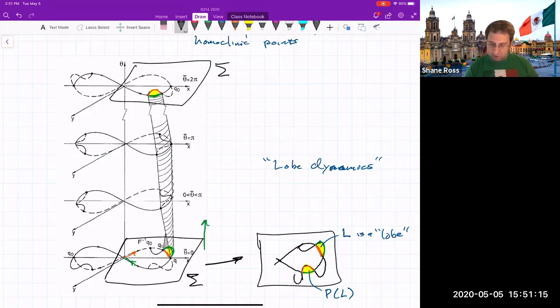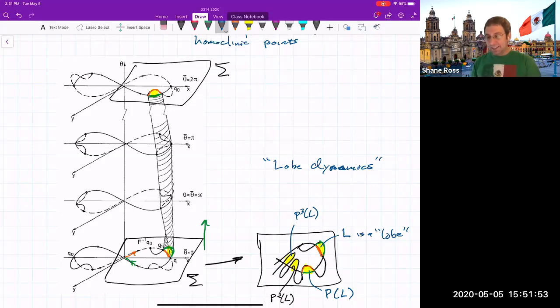So if I were to follow this for a couple more intersections, now this is P2 of L, another intersection, we get P3 of L, and so on. And it keeps getting this region to maintain the same area, because before I turn on damping, this is a Hamiltonian system that preserves area.